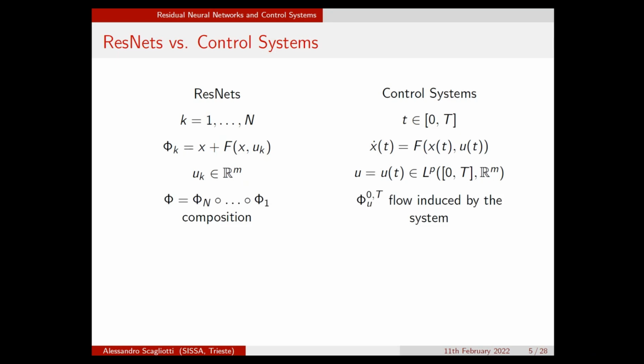Moreover, the object of interest in the case of the residual neural network is the composition of the capital N elementary mappings, while in the control system, the object of interest is the flow induced by the system. Indeed, once we have decided a control, we have no more a parametric dynamical system, but we actually have a non-autonomous dynamical system.